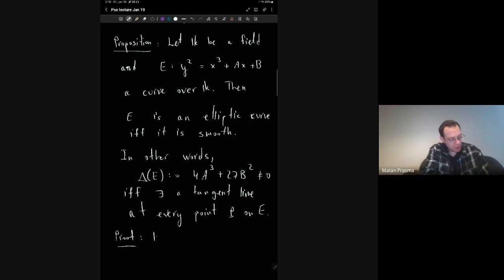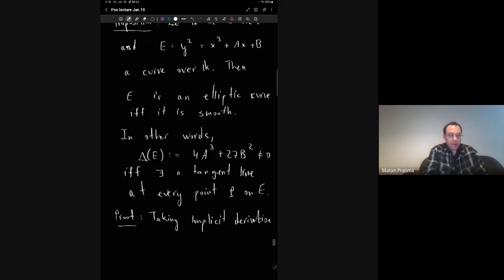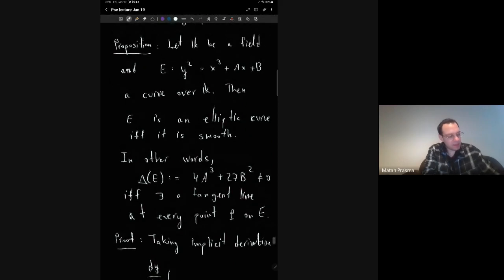So I take implicit derivation, and I get the general formula for dy over dx at P. Let's keep the same notation as before. P is x0, y0.